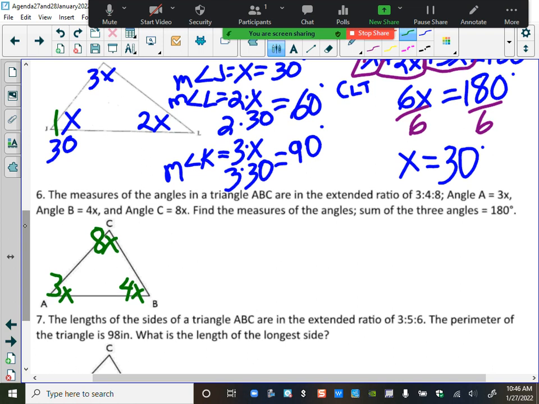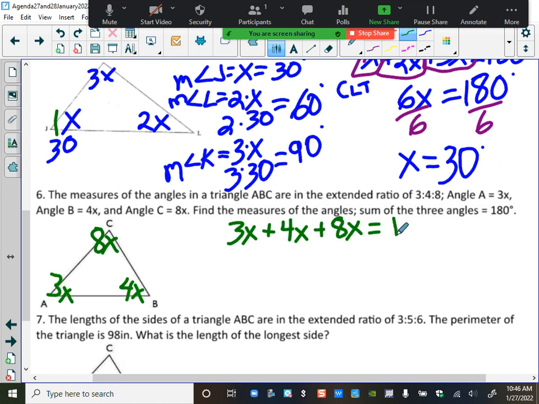All right. So for number 6, 6 is going to be similar to 5. So you do 3x plus 4x plus 8x equals 180. That's your step.